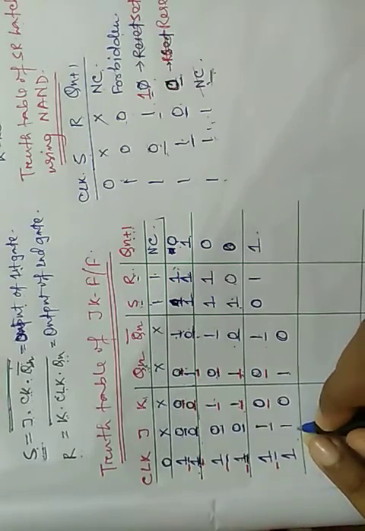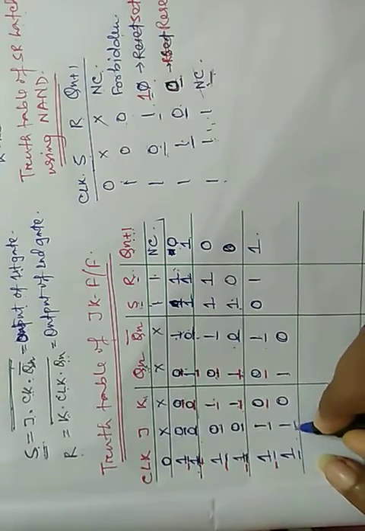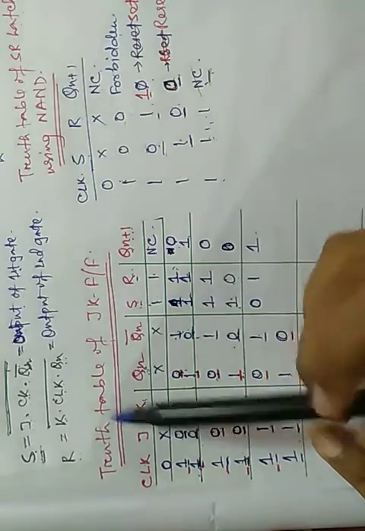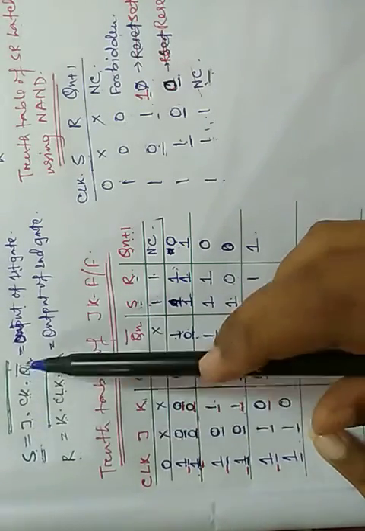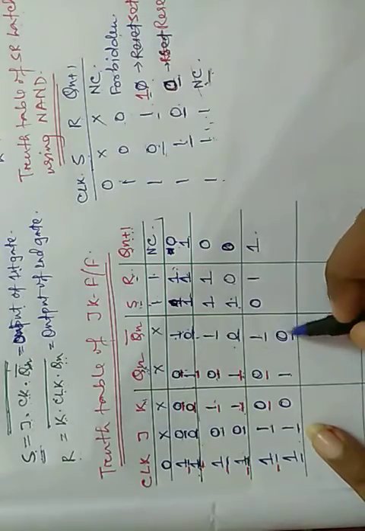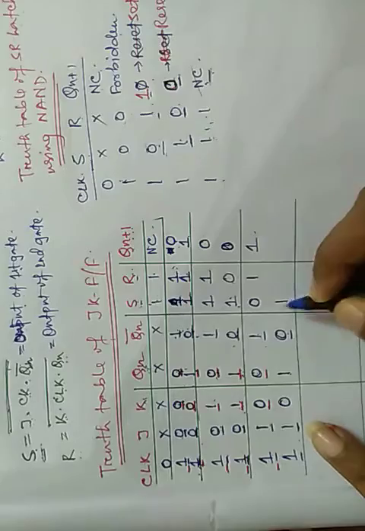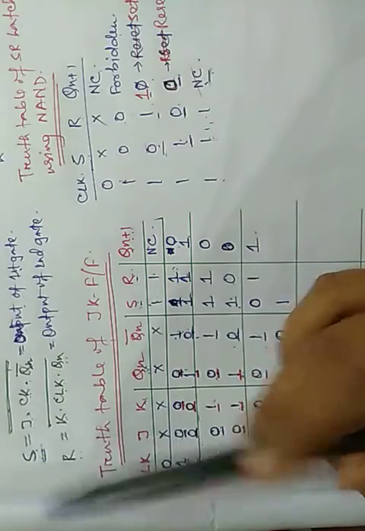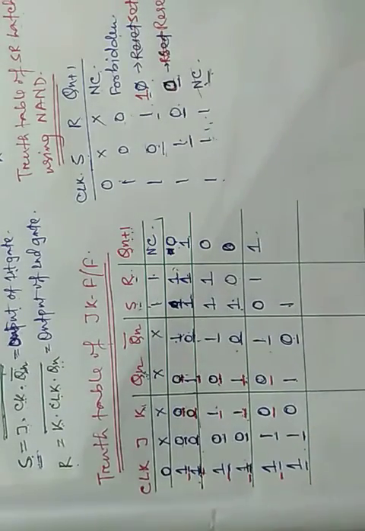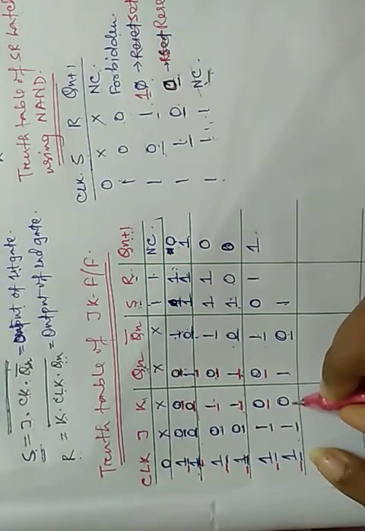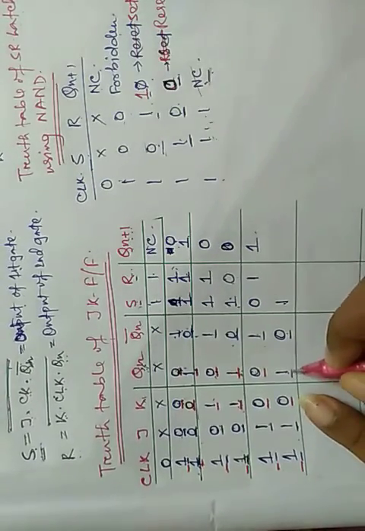Now the second condition: clock is 1, J is 1, Qn bar is 0. As one of the input signals is 0, output is 1. So S gets its input as 1. And for the second case, clock is 1, K is 0, Qn is 1.